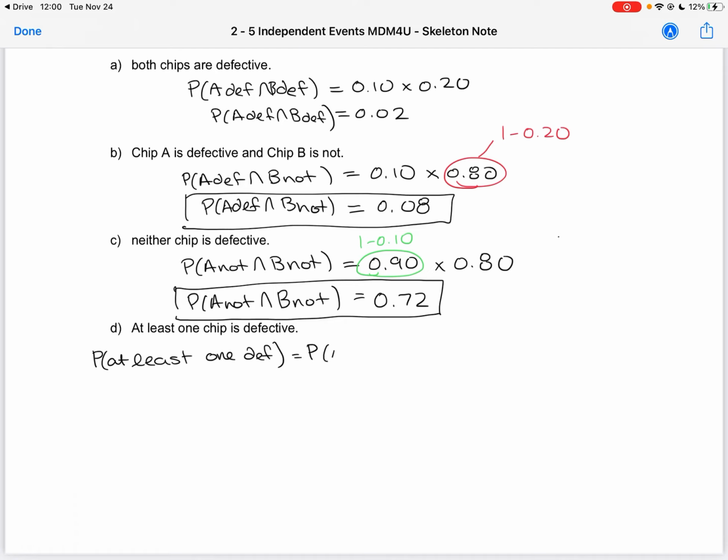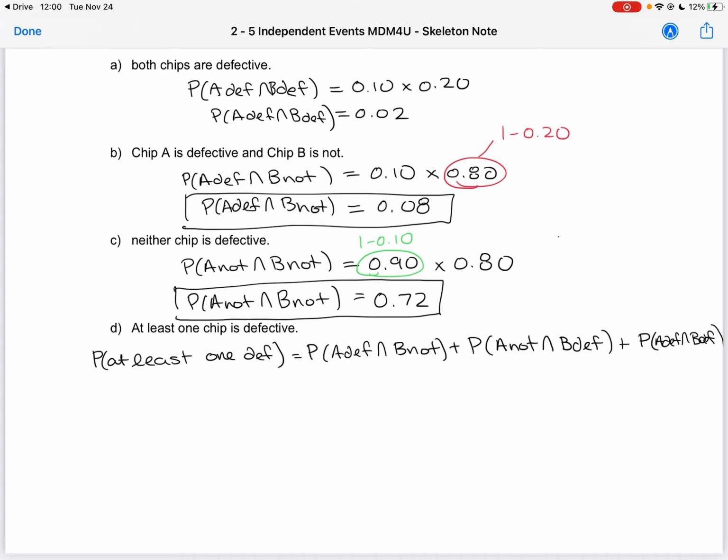You have the one where A is defective and B is not. You also have the probability where A is not defective and B is. And then you have the third situation where they are both defective. So A is defective and B is defective.